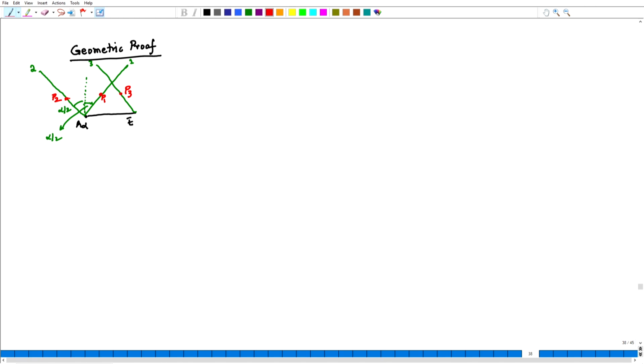So, what I am trying to say here is that point P1 goes to point P2 when we give a rotation of alpha, and P2 goes to point P3 because of the translation T. So, essentially we are trying to look at how we can go from P1 to P3.